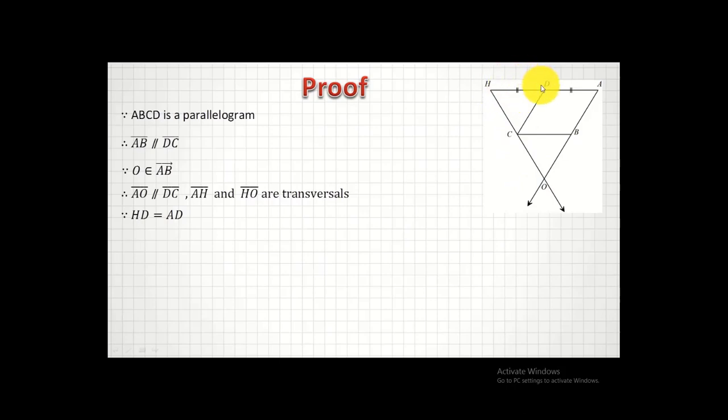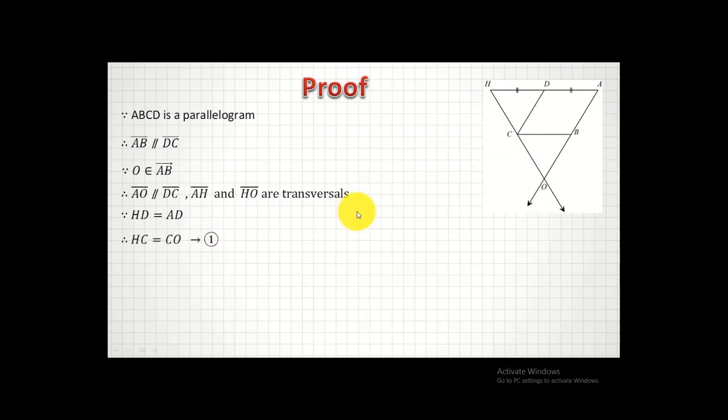Since HD equals DA, therefore what? Yes, HC equals CO. Since AO is parallel to DC, and AH and HO are transversals, and HD equals DA, therefore HC equals CO.